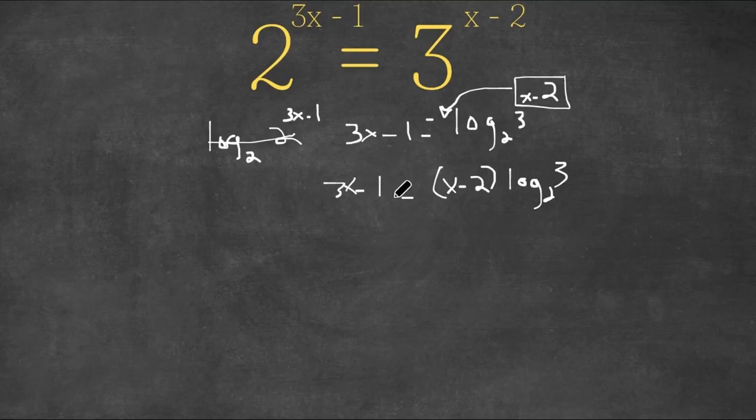So now what we're going to do is we're going to distribute our log with subscript 2 of 3 to this x minus 2.